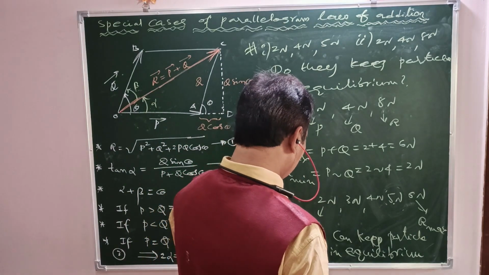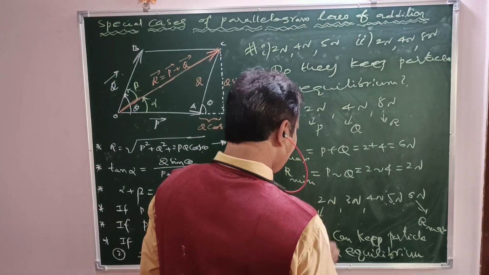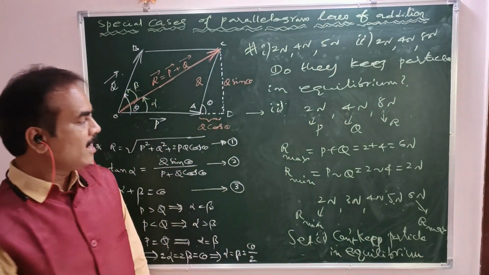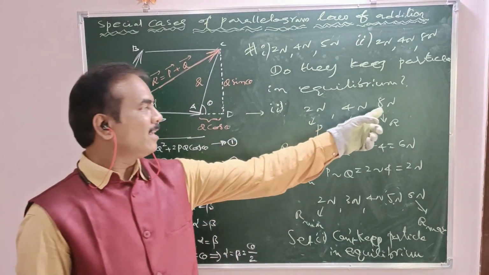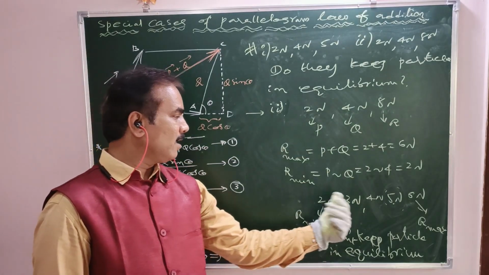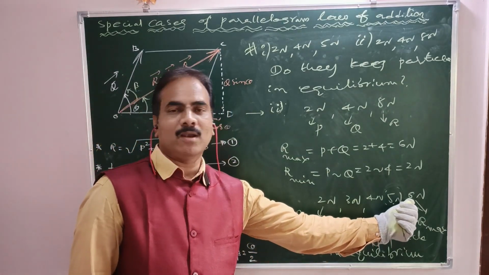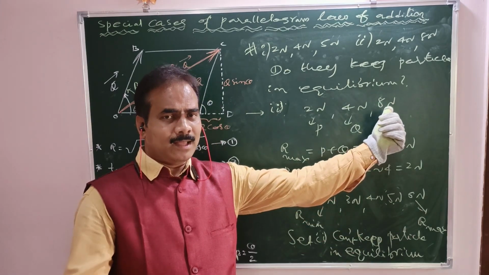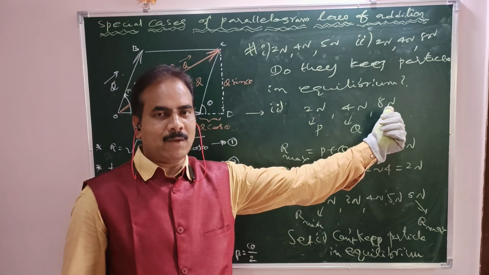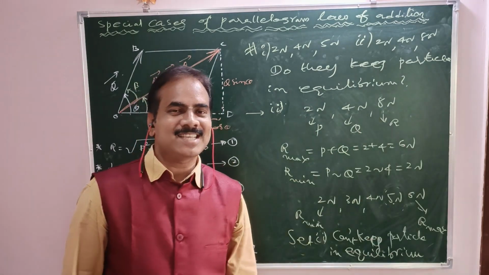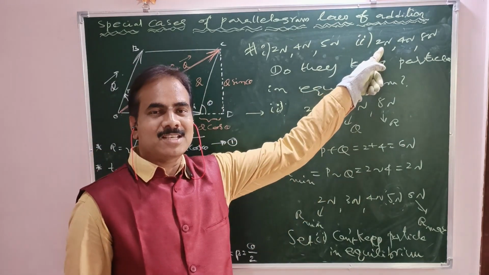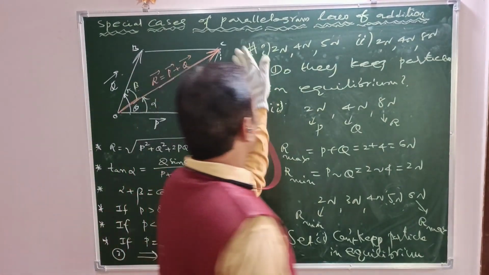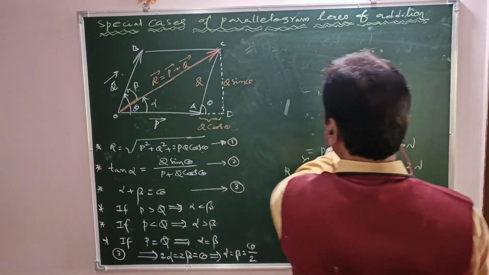Set 2 cannot keep the particle in equilibrium. Why? Because that 8 exceeds the maximum resultant. What is the maximum resultant? 6 Newton itself is the maximum resultant. But in the set, 8 is the given maximum value, which is not possible to have between 2 and 6. That is the reason why the second set of forces cannot keep the particle in equilibrium. Okay.